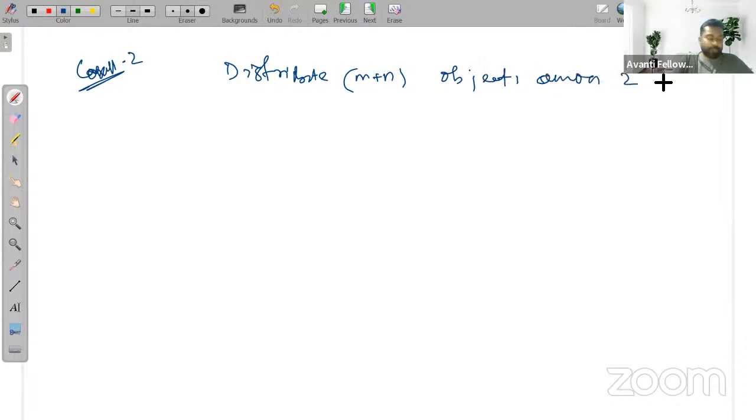the number of ways to distribute m plus n distinct objects among two persons, in groups containing m and n objects.